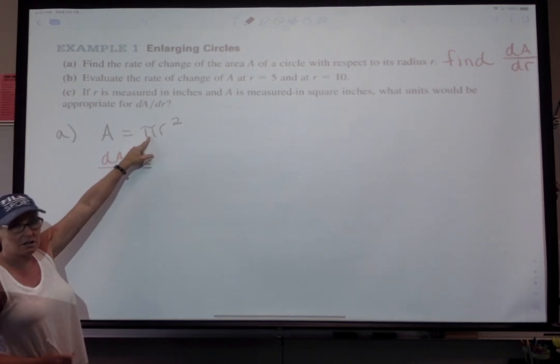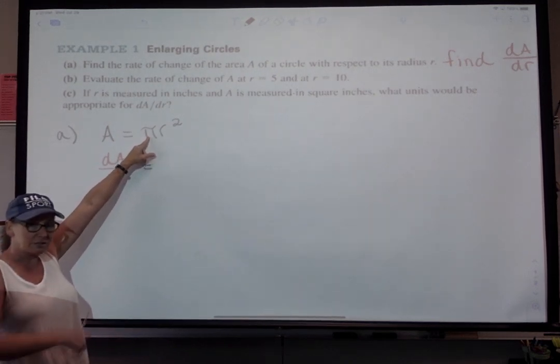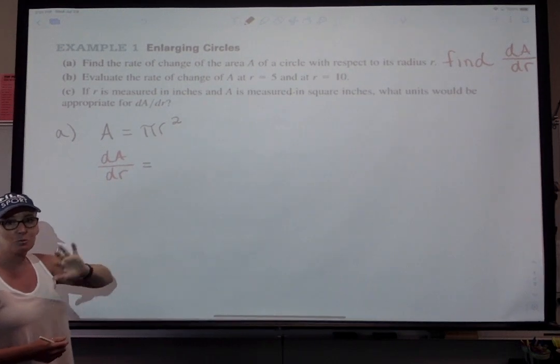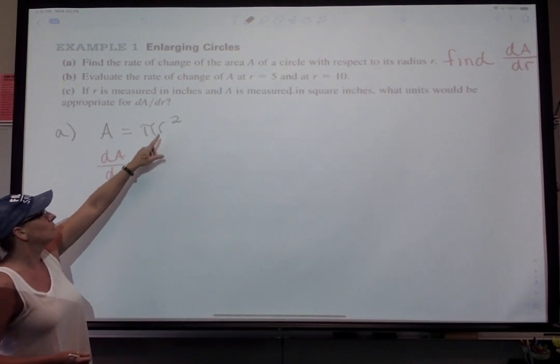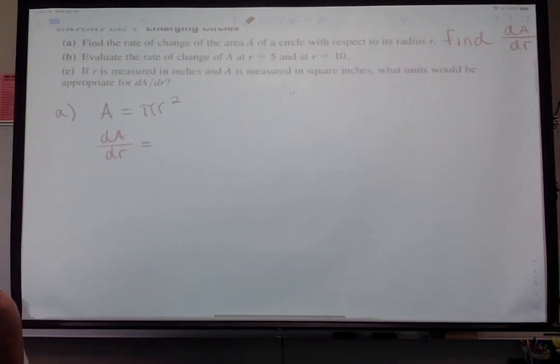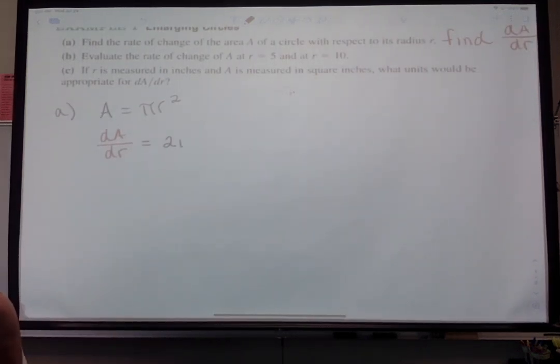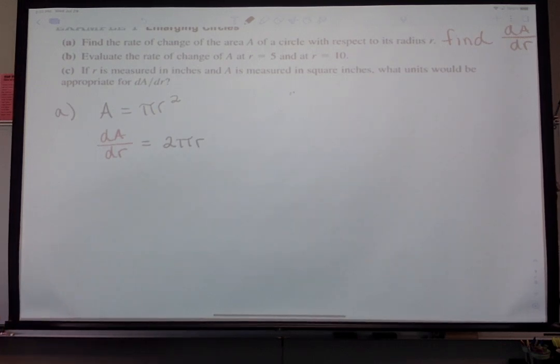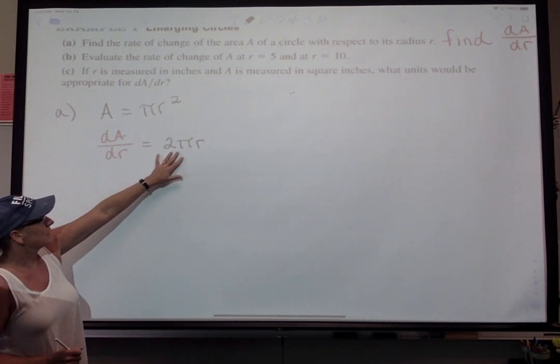Pi is 3.1415926, blah, blah, blah, out in front of R squared. Okay, so pi is just a constant. R is my variable. I'm going to do the power rule on R, and I get 2 out in front. The pi is still there. I get R to the first. So this is the derivative of area with respect to R.